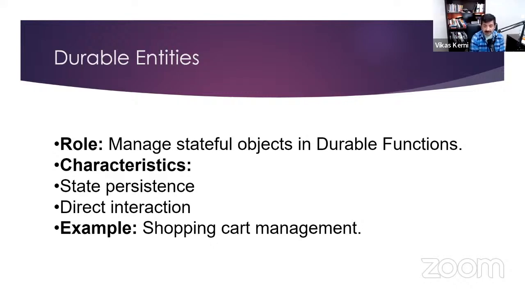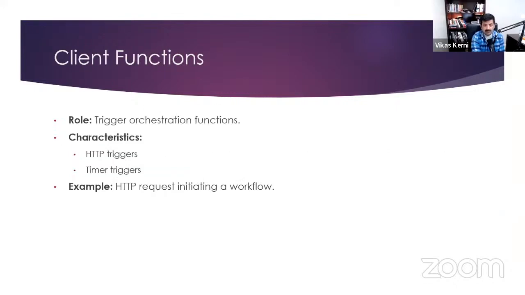Also, shopping cart management is another example, where you need to maintain the state. The client function, as I discussed, you need something to trigger the orchestrator. There are two types of triggers: HTTP trigger and timer trigger.